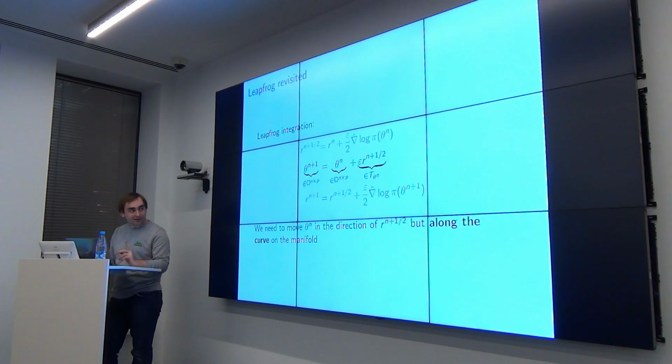Of theta n in the direction of epsilon r n plus half. So we convert theta n and obtain theta n prime, which is already in the new manifold. And in this manifold, we make a step towards r n plus 1 half.